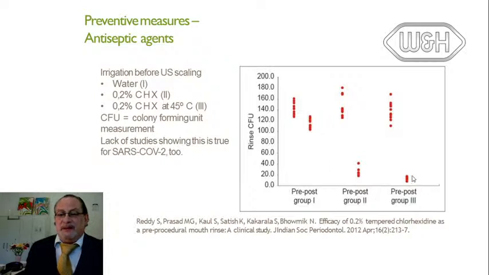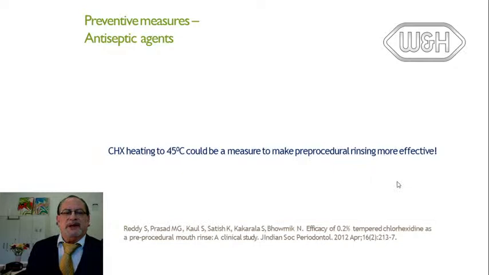It is chlorhexidine which is much more effective, and the effectiveness of chlorhexidine can be even raised if heated up to 45 degrees, so that we can say chlorhexidine heating to 45 degrees could be a measure to make procedural rinsing more effective.